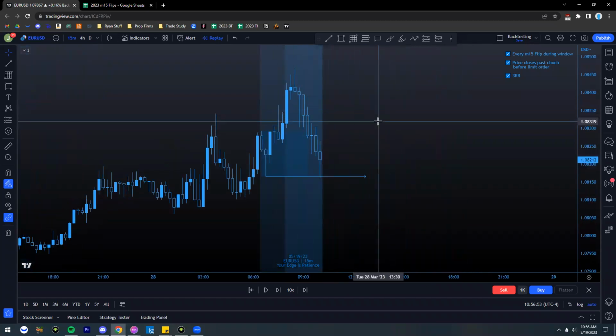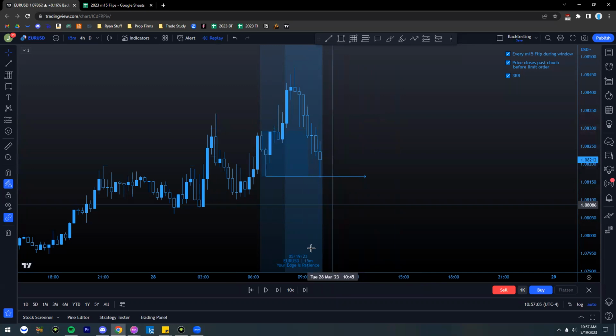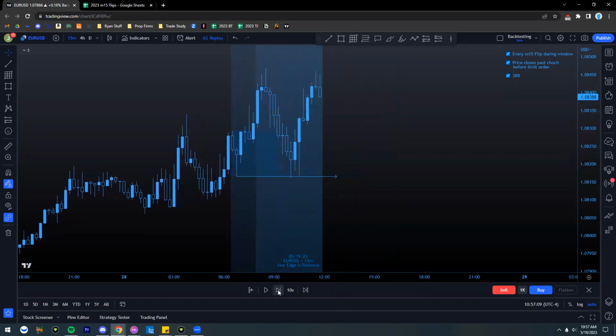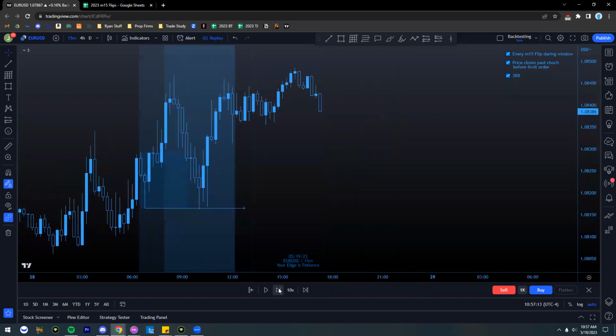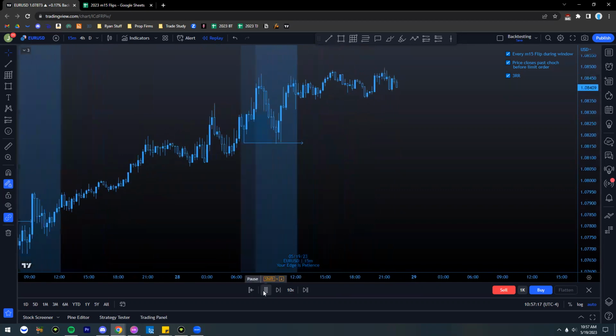I have a feeling it's going to be this up here because of this inside bar. Price didn't close below anyway, so no limit order. I got to keep remembering that. I got to remember price closing below the change of character line for the limit order.